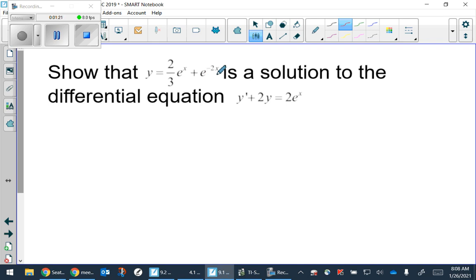I've got to show that that is a solution to this differential equation, and this is a differential equation because it contains y and it contains a derivative. All right, I already know what y is, right? What do I need to find? For this equation right here, what else do I need to find? Got to find y prime.